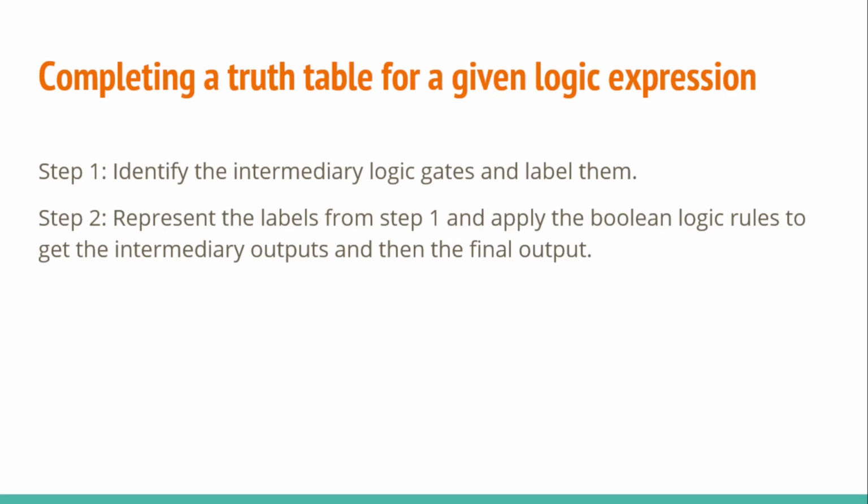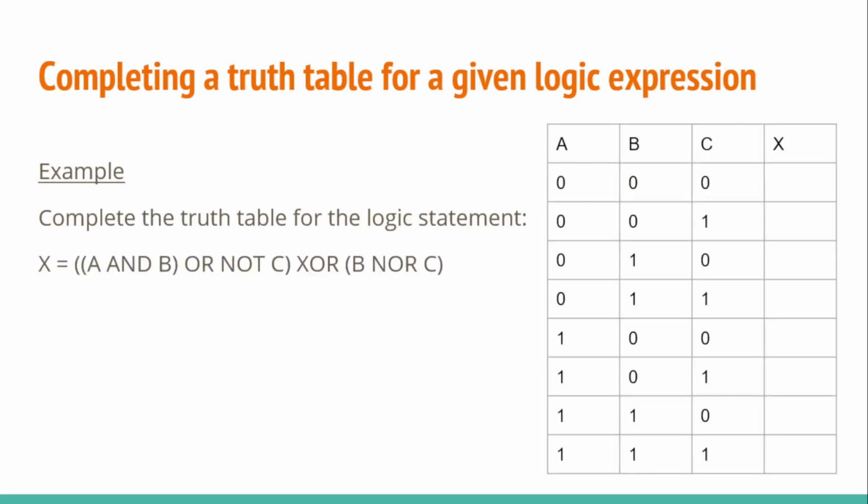The second step is to represent the labels from step 1 and apply the Boolean logic rules to get the intermediary outputs and then the final outputs. An example is to complete the truth table for the logic statement: X equals (A AND B OR NOT C) XOR (B NOR C).